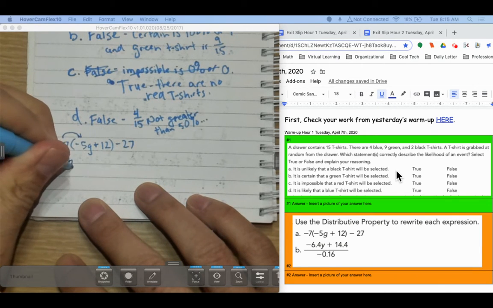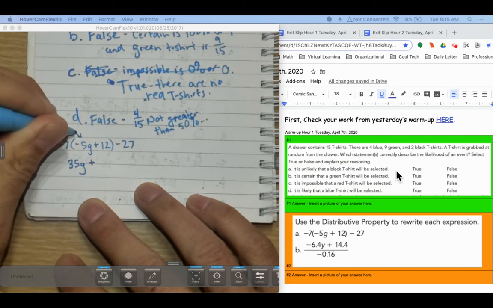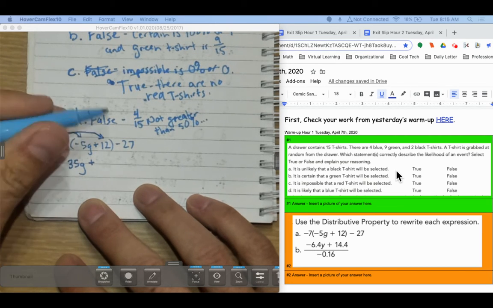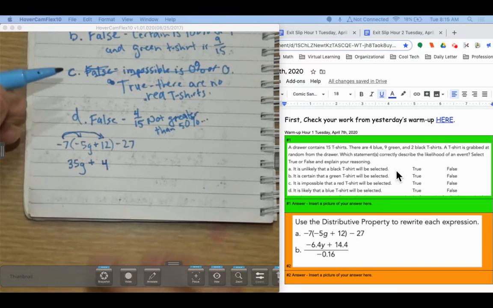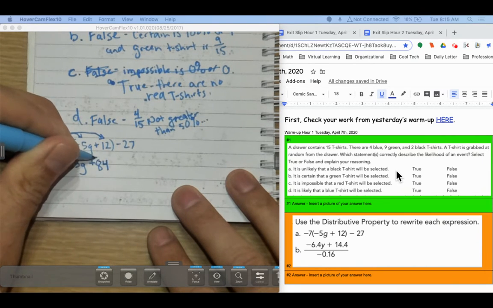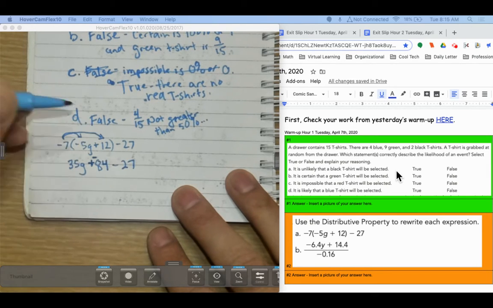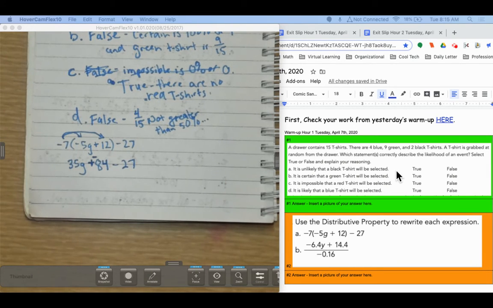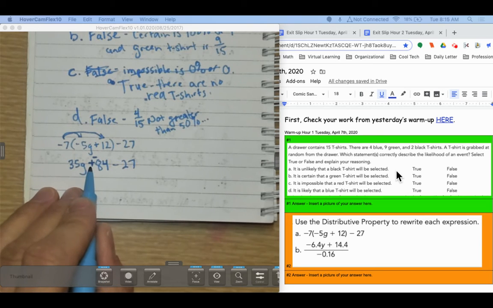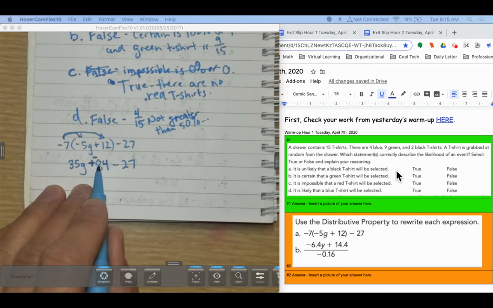That would be 35g plus -7 times 12, which is going to be -84 minus 27. Okay. And I could think of this as minus 84, or I could think of this as plus -84. Either way, it's the same.